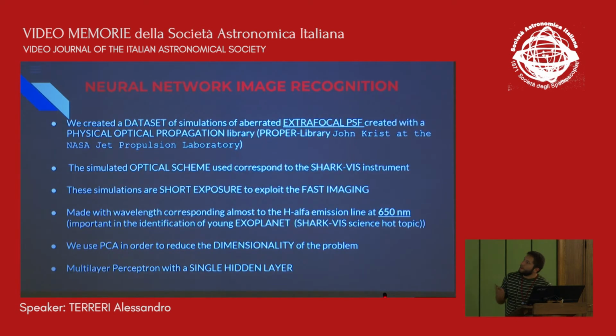We created a dataset of simulations of aberrated extrafocal point spread functions created with a physical optical propagation. These simulations are in the context of the optical scheme of SHARK-VIS, and they represent short exposures, in order to use the fast imaging technique.